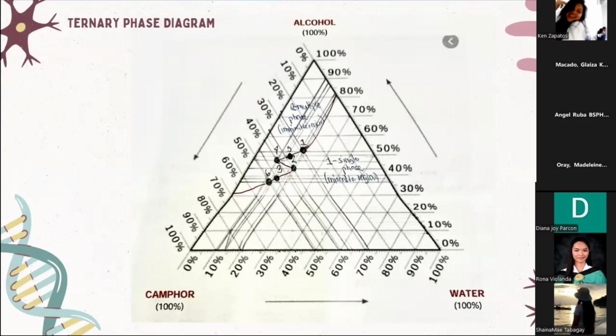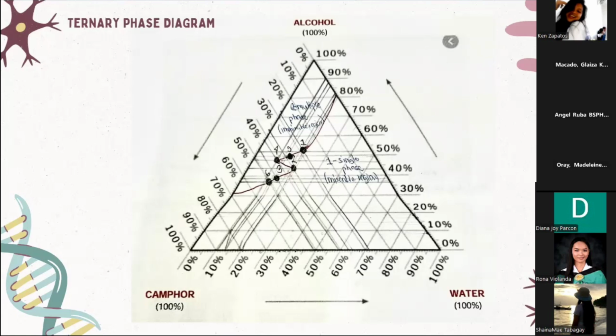For our system number 2, it is plotted at 56% because our camphor is equivalent to 37.68%, our alcohol is 43.48%, and our water is 18.84%.